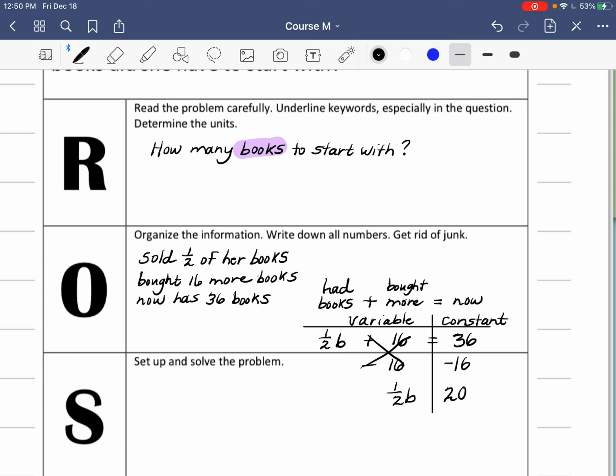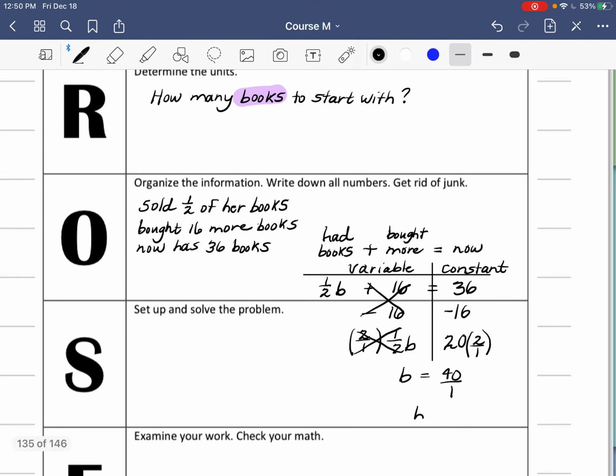And that's 20. And then we're going to get rid of the 1 over 2. So we're left with 40 over 1. So the books she started with, it looks like were 40.